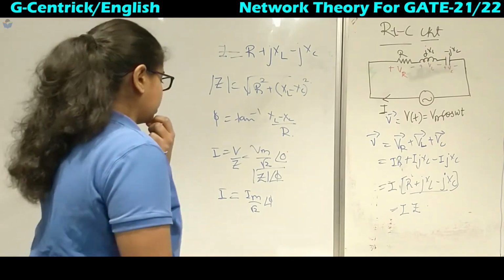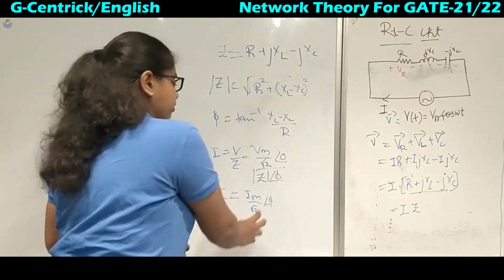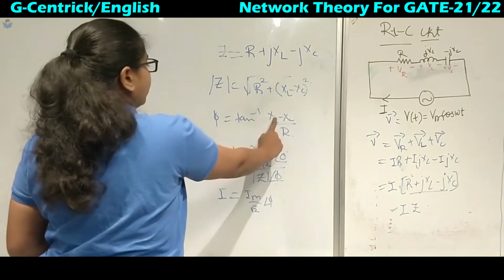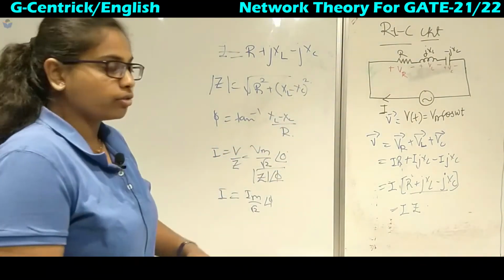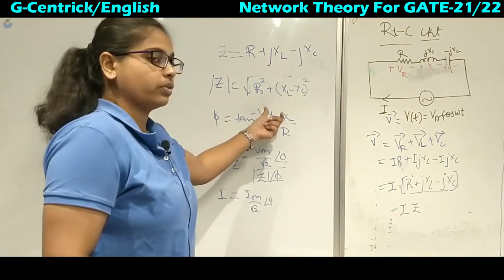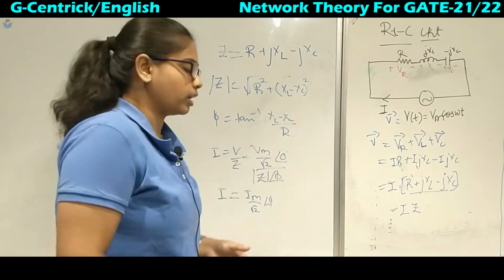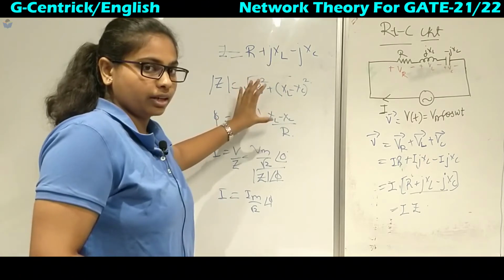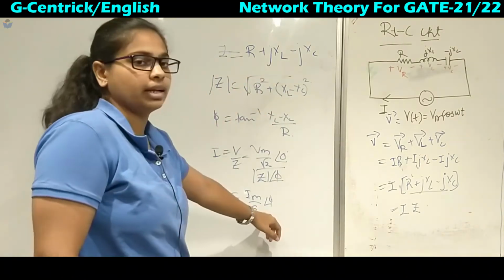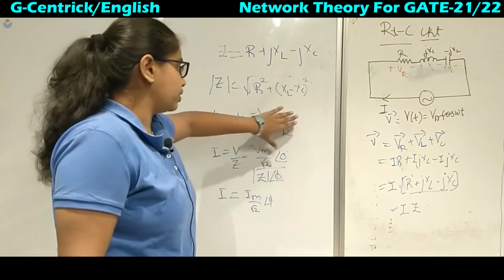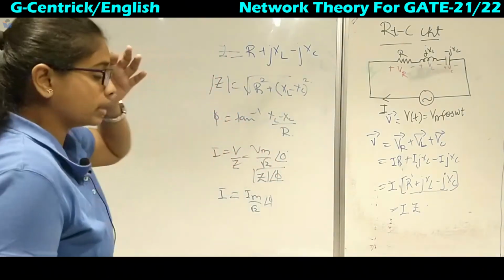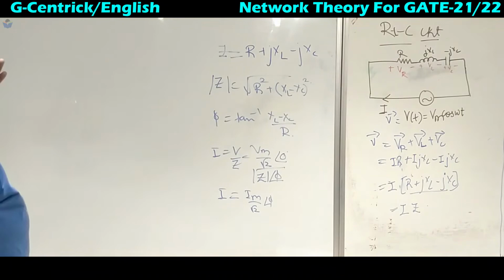So this phi I have taken in general terms. It can be either plus phi or minus phi depending on the value of the capacitive reactance as well as the inductive reactance. If XL is greater than XC, then it will be inductive and the current will be lagging, so we will get minus here. But if XC is greater, then we will get plus because the current is leading in this case because of the capacitive reactance.